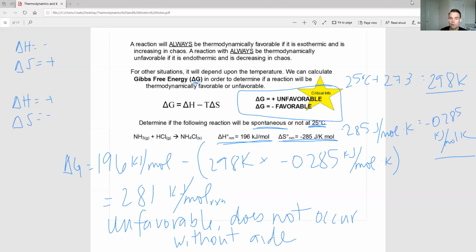So it needs some help in order for the reaction to actually occur. And that's how you would do Gibbs free energy to determine if it will be thermodynamically favorable or unfavorable. And with a question like this, you want to make sure, okay, I've got this number, but I haven't technically answered the question until I write that it is unfavorable.